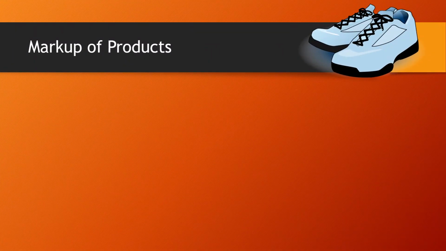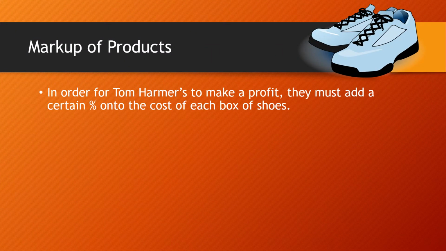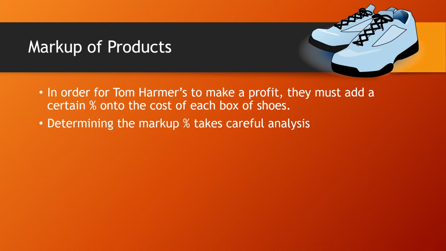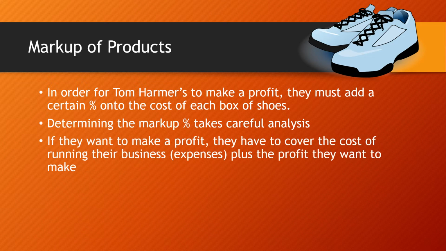In order for Tom Harmer's to make a profit, they must add a certain percentage onto the cost of each box of shoes. Determining the markup percent takes careful analysis. If they want to make a profit, they have to cover the cost of running their business, which is their expenses, plus the profit they want to make.